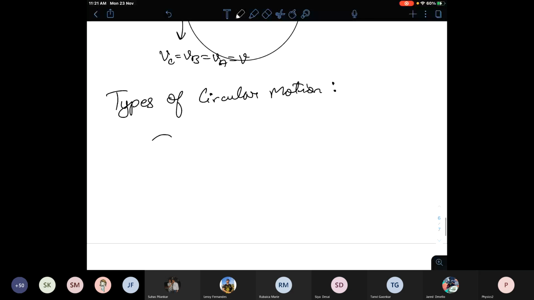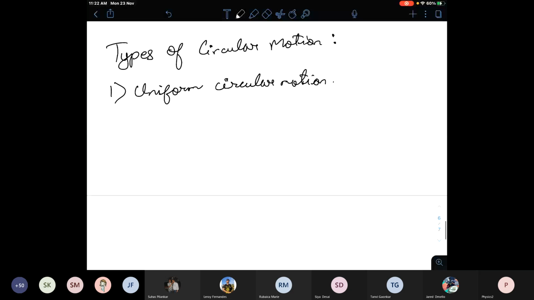First, you can write uniform circular motion. What is uniform circular motion? Nothing, simple. A tangential is zero in this case.